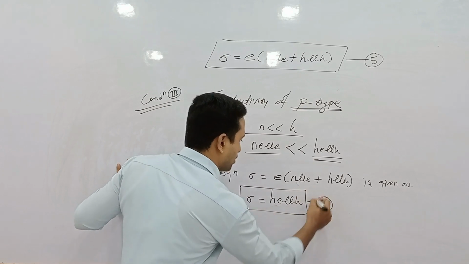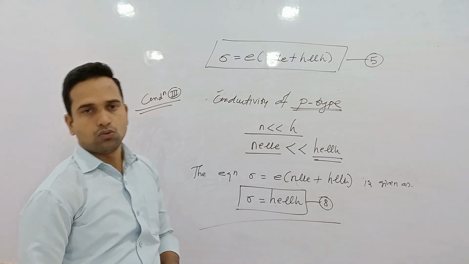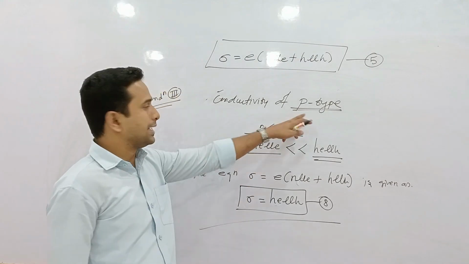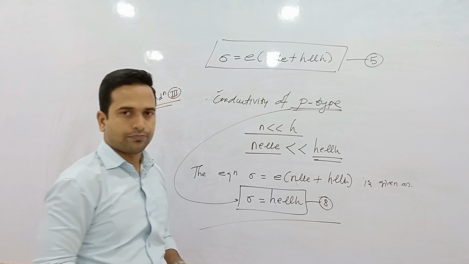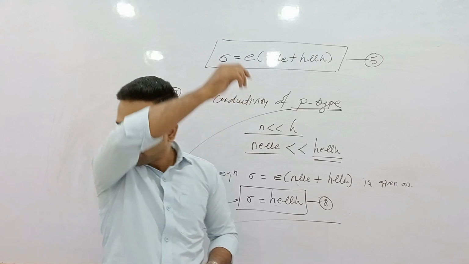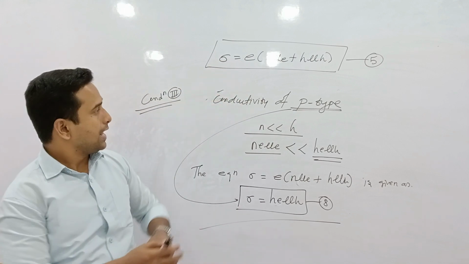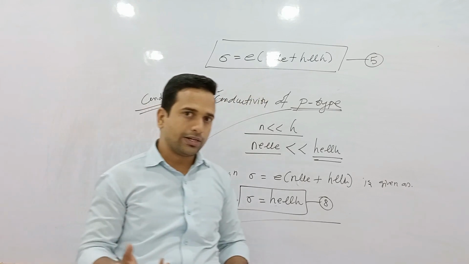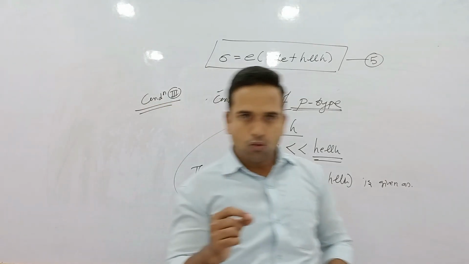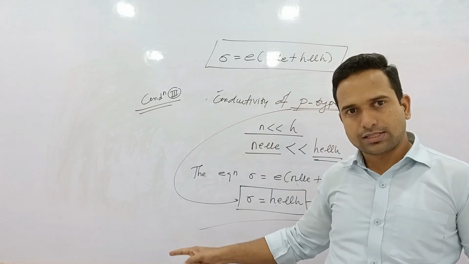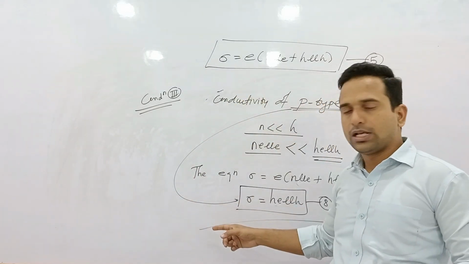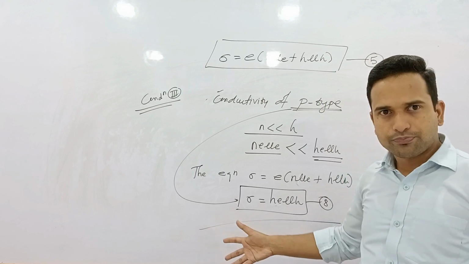Equation number 8. देखो, equation 8 gives the conductivity of p-type semiconductor. p-type semiconductor की conductivity इस equation से मिलेगी, ठीक है? ये पूरा concept था conductivity का. Now we are going to discuss one problem on the same process, right? एक equation के ऊपर.